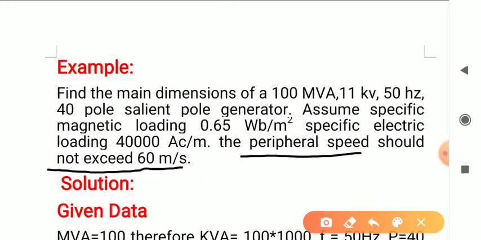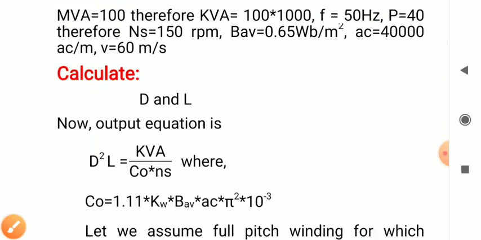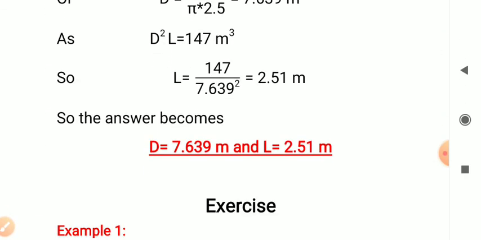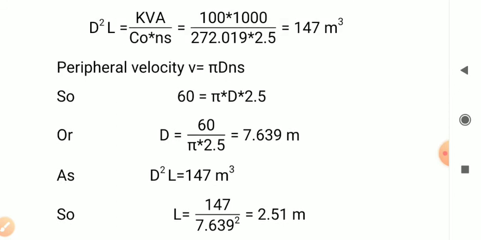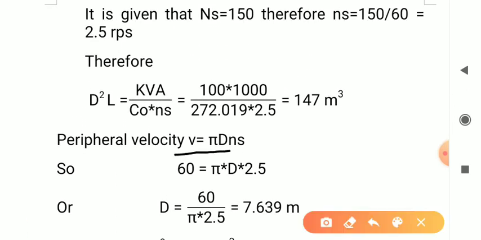So at the 60 meter per second peripheral speed, we need to calculate the main dimensions. As we know, the peripheral speed v is equal to pi D into ns. So from this equation we can calculate directly the value of D.